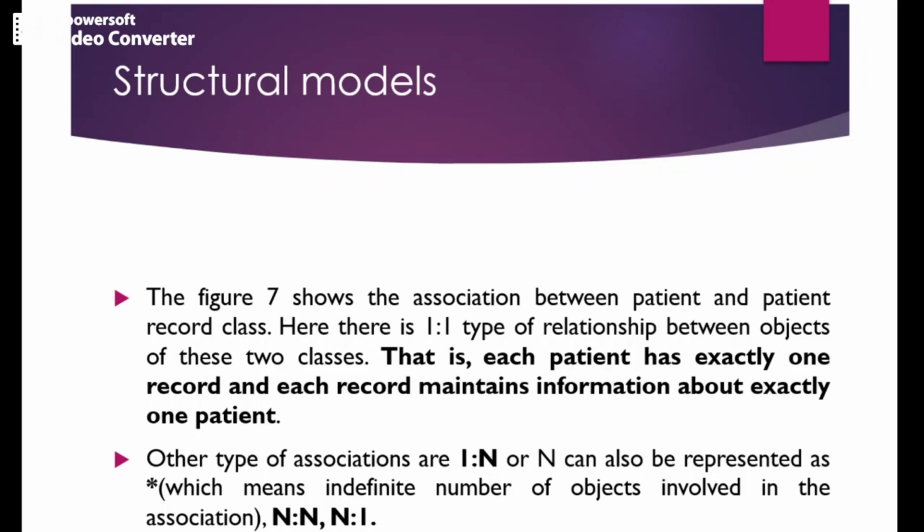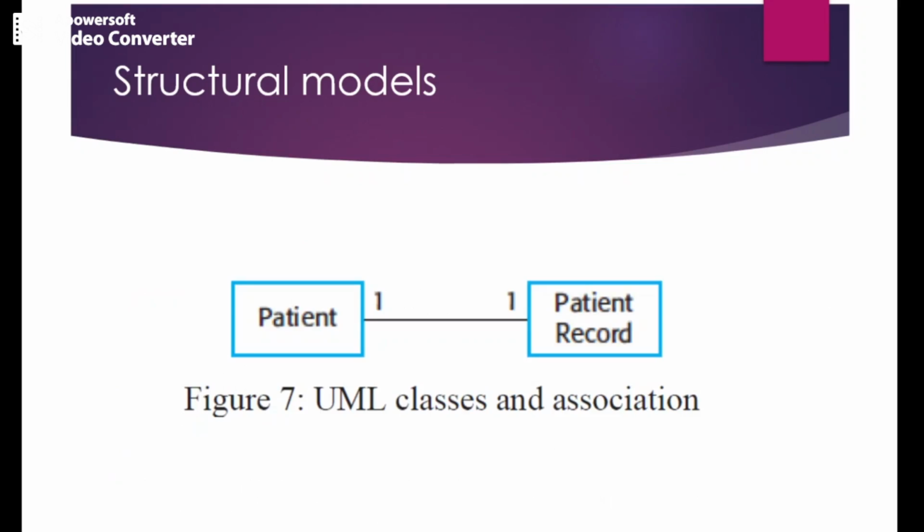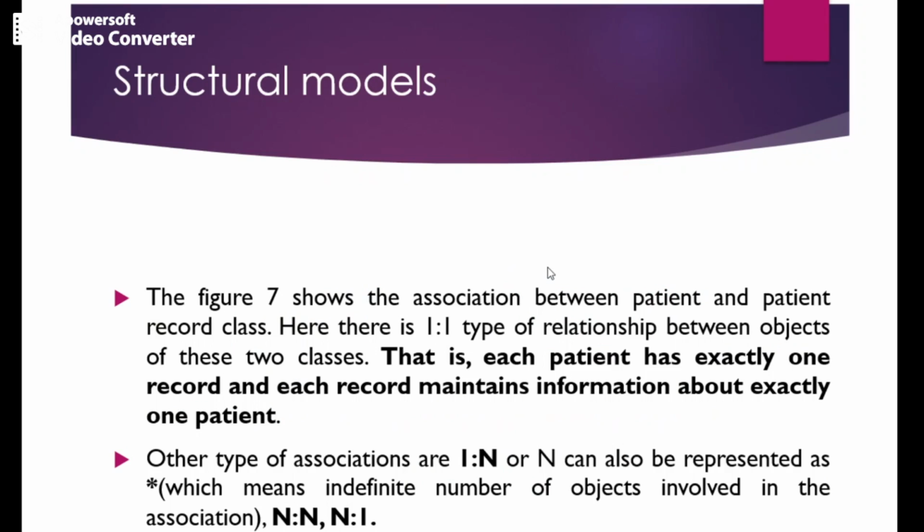So we will clearly understand this class diagram using this figure. You can see here patient. This is one class, and another class is patient record. So you have two classes, and they are represented using these rectangular boxes.